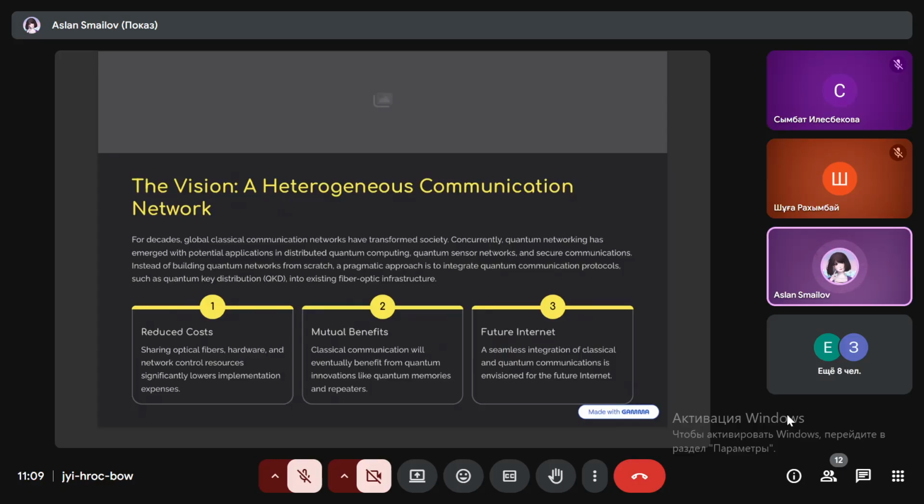And here, what is quantum key distribution? As I said before, it's like passwords, secret information that a person will get.